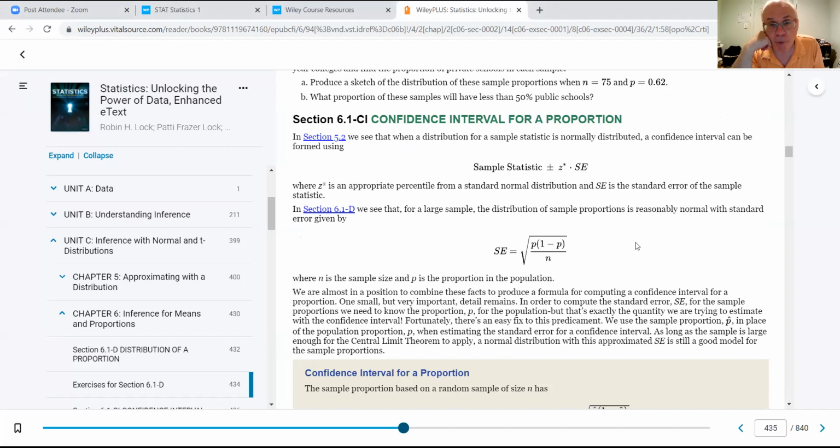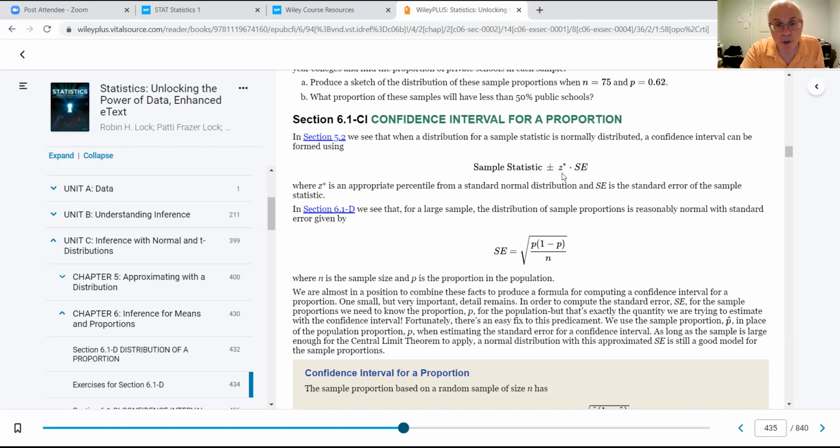So for example, if it's a proportion, the sample proportion would be an estimate of the population proportion. We've gone over this before. And then we add and subtract the margin of error. Now we are breaking up the margin of error into two separate pieces, two things that need to be multiplied together.